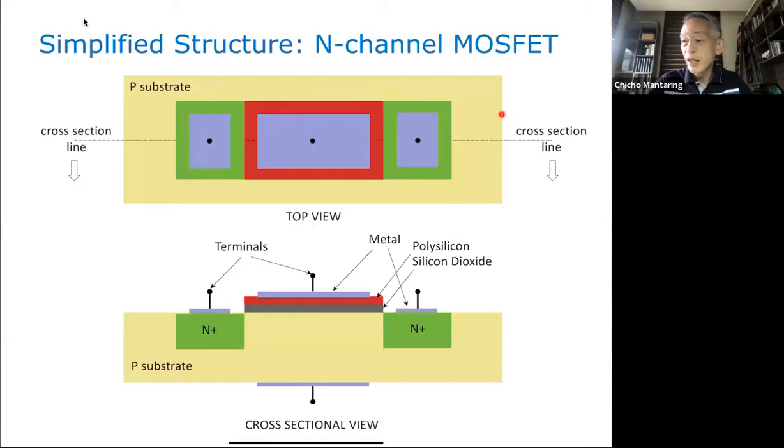And if you get a cross-section of that structure, along here, this is what you're going to see, the cross-sectional view. So what are the different parts of your MOS transistor? You have the substrate. This is a semiconductor, and for an N-channel, this is a P-type.